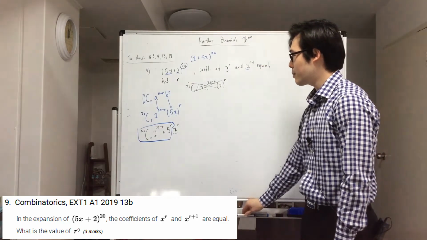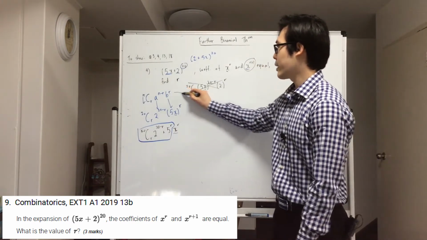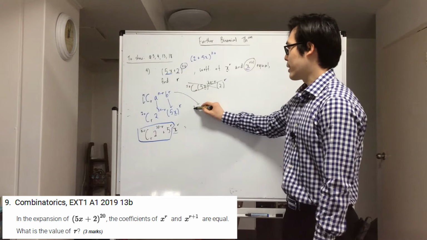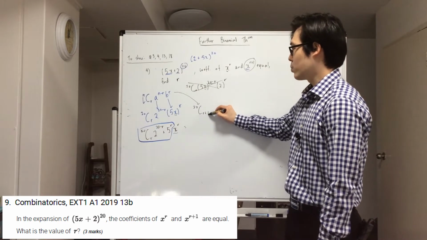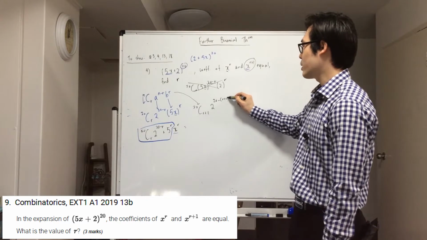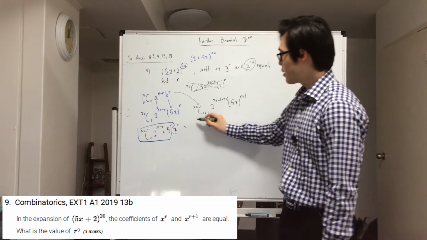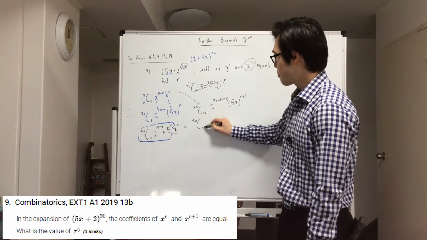So let's do the same thing for this now. So in this case, I'm going to have 20C(r+1), 2 to the power of 20 take away (r+1), 5x to the power of r plus 1. So this is 20C(r+1).